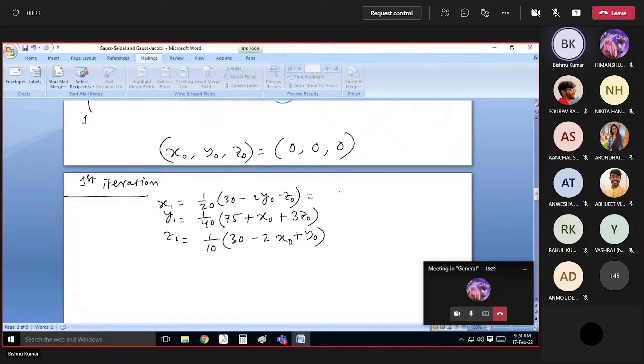So x1 will be 30 by 20. What is this value? Just tell me.